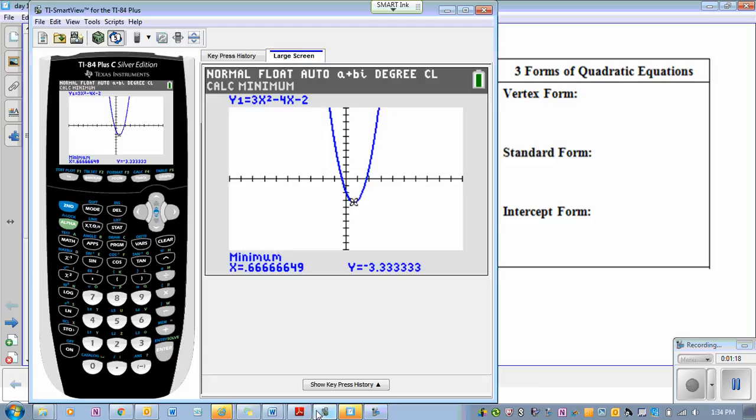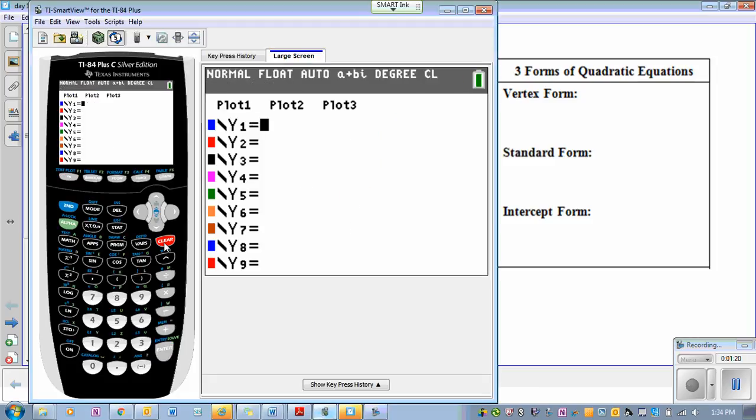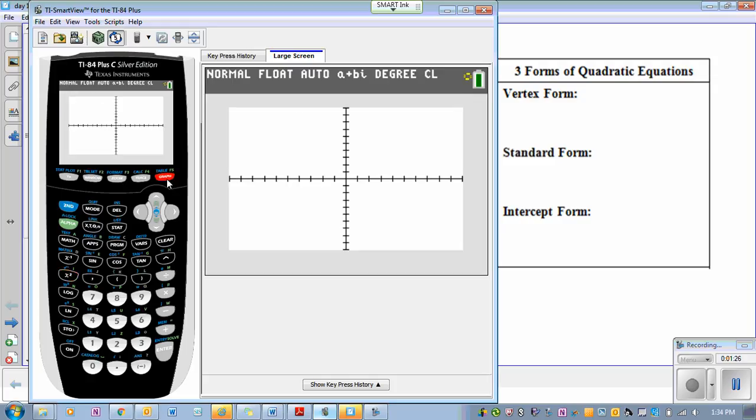So let's go to our calculators, and we're going to put in x squared. Hit graph. Let's see what this looks like. It is a U shape, and that is a parabola.